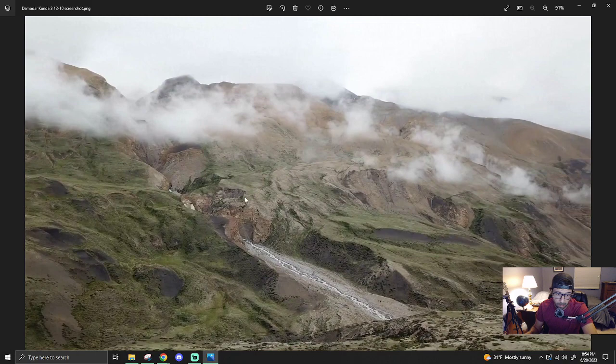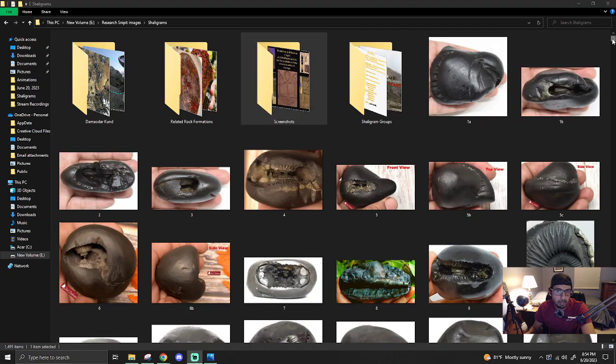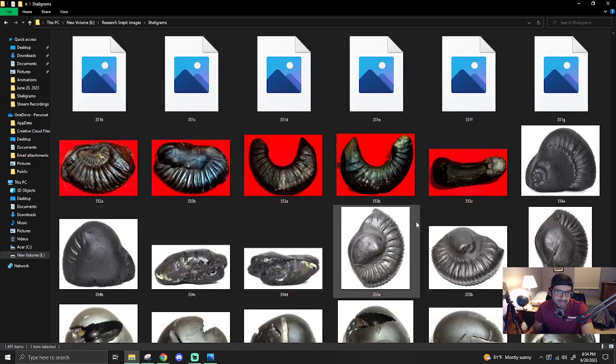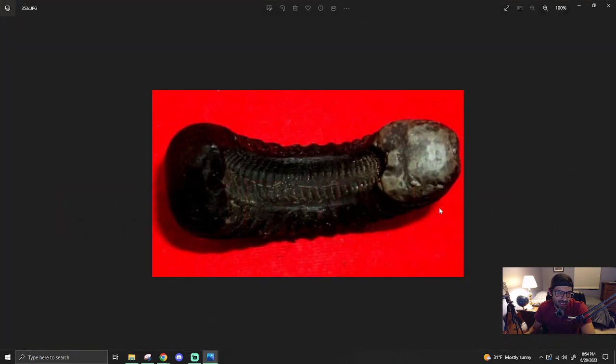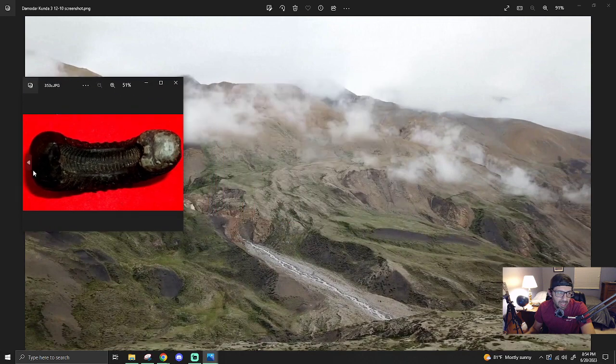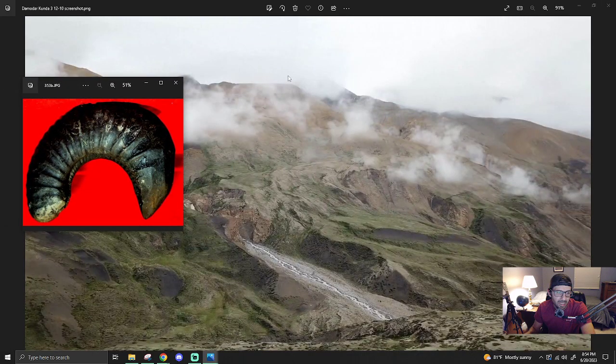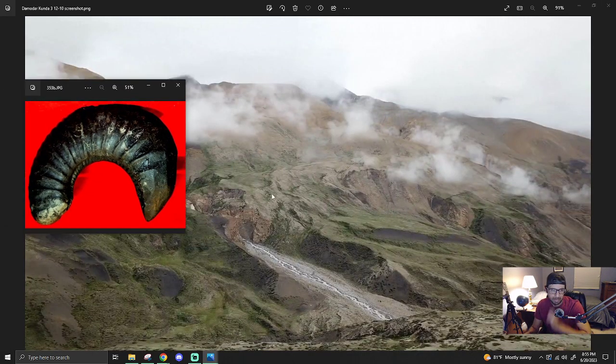This almost looks like a big old shallogram, an ammonite portion, like a piece of one. Maybe.